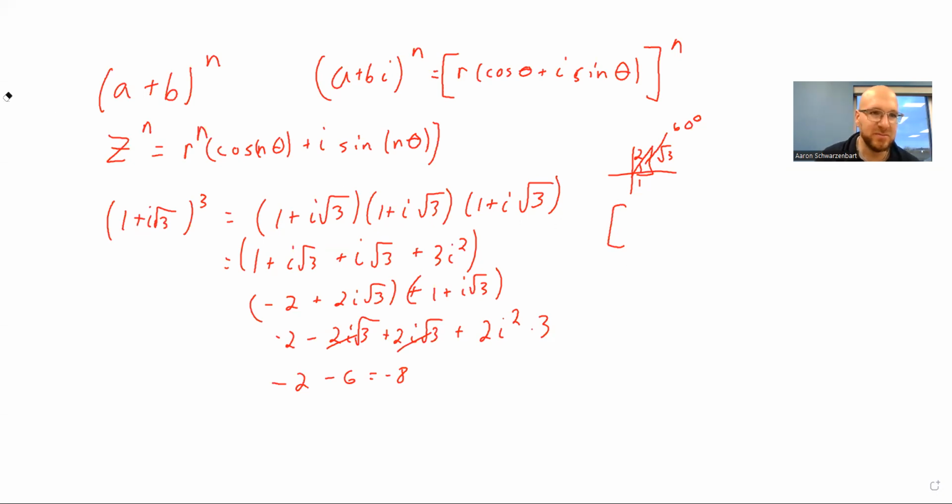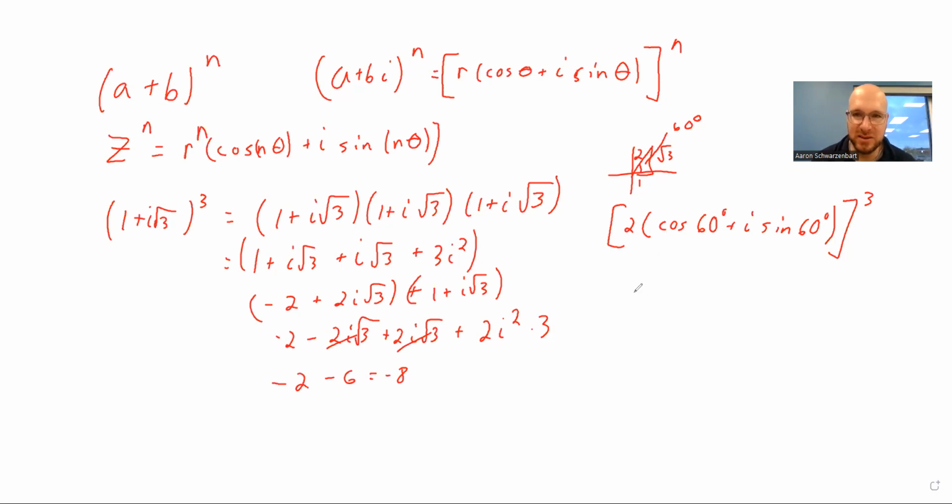I should just fill it in. 3 cosine 60 plus i sine 60 to the third. Not 3, it's 2. My radius is 2. Writing the wrong numbers.